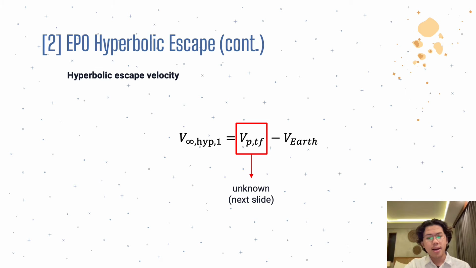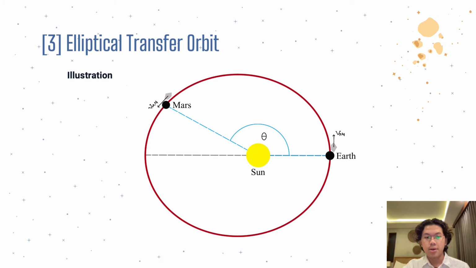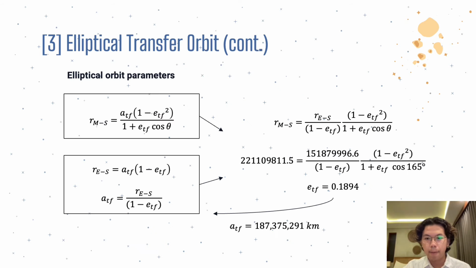But then, the transfer orbit velocity at its pericenter is still unknown to us. Therefore, we have to calculate it first before we can continue any further. So this is the elliptical transfer orbit illustration with true anomaly theta equal to 165 degrees. The next step is to find the transfer orbit parameters such as eccentricity and the semi-major axis.